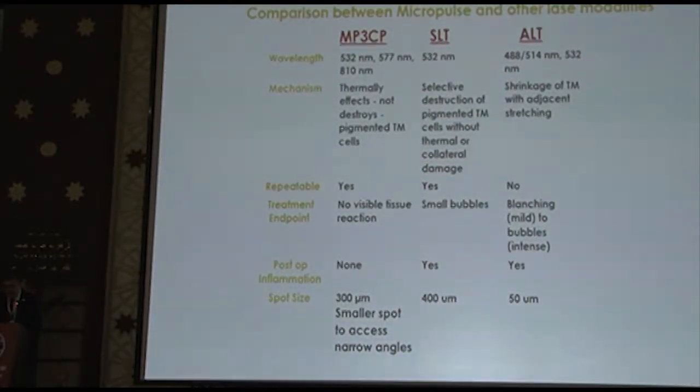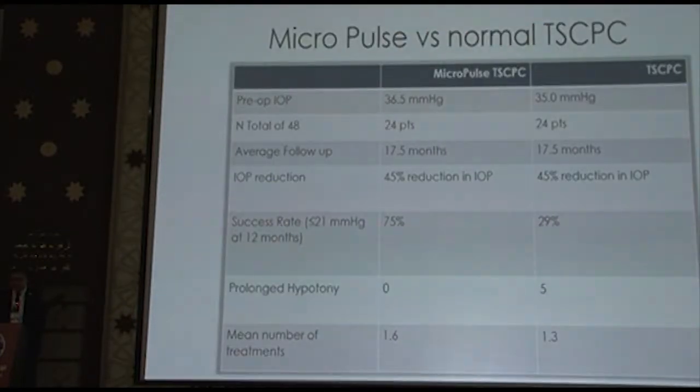In SLT, small bubbles, or in ALT, there is blanching, and bubbles may be seen. Spot size usually 300 micrometer, a small spot size. You use the laser in narrow angles to avoid destruction of the adjacent structures.